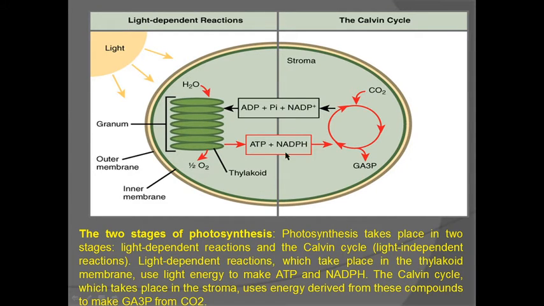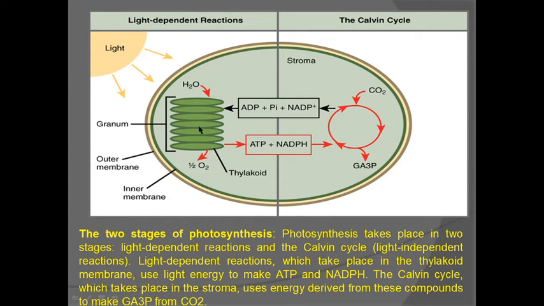And now these synthesized ATP and NADPH are utilized for the conversion of atmospheric CO2 to carbohydrates, glyceraldehyde 3-phosphate. That means various kinds of sugars. Now this carbon dioxide enters into the leaf from the atmosphere through open stomata.